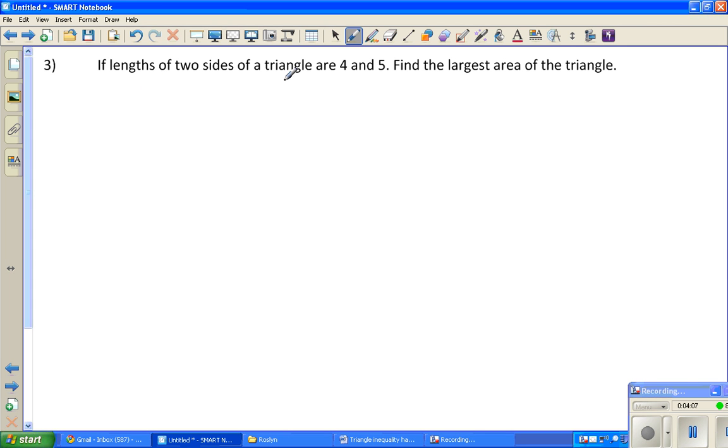The lengths of two sides of a triangle are 4 and 5. Find the largest area. Okay, all right. Now, if the two sides are 4 and 5, one of the easiest things you can think of would have been a 3, 4, 5 triangle. But that's not what we're looking for here. I'm asking you to find the largest area of the triangle.